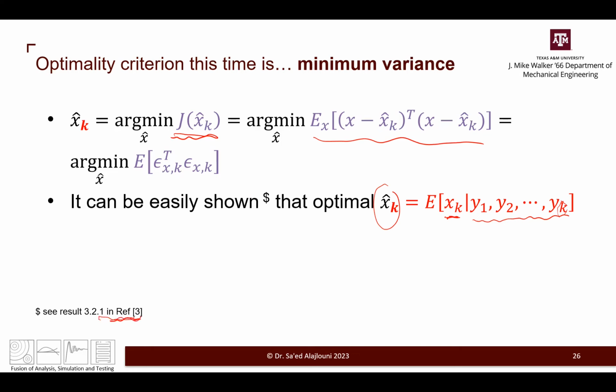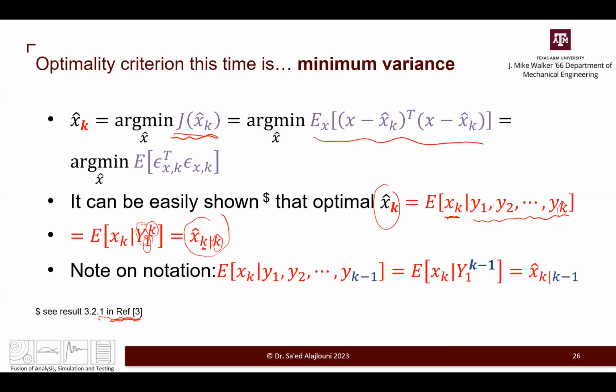Now I want to show you an alternative notation. Instead of writing y1, y2, we're going to just use capital letter Y from 1 to k. This is also another alternative representation: it means x hat of k given k measurements, or given the measurements from y1 until y sub k.